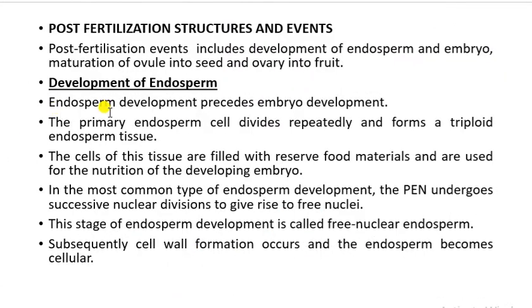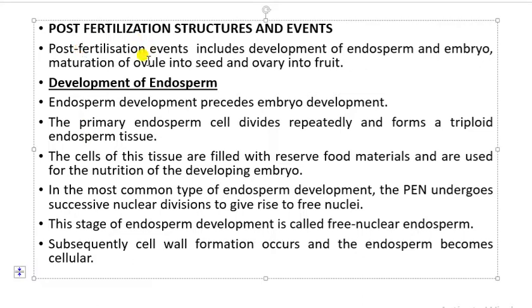Now in today's class we will continue with another topic, that is post fertilization structure and the events which are involved with post fertilization. Now post fertilization events include all those events which take place after the process of fertilization of male gamete and the egg cell.